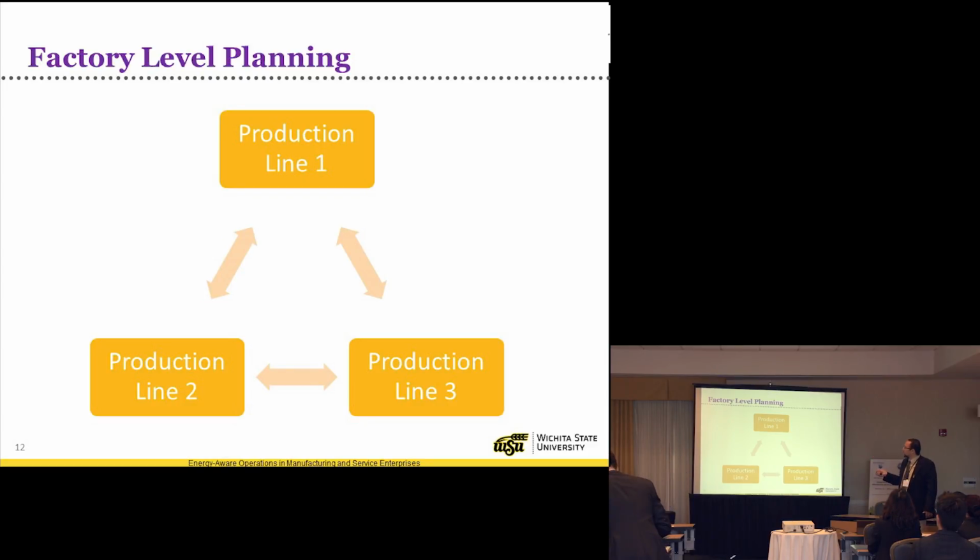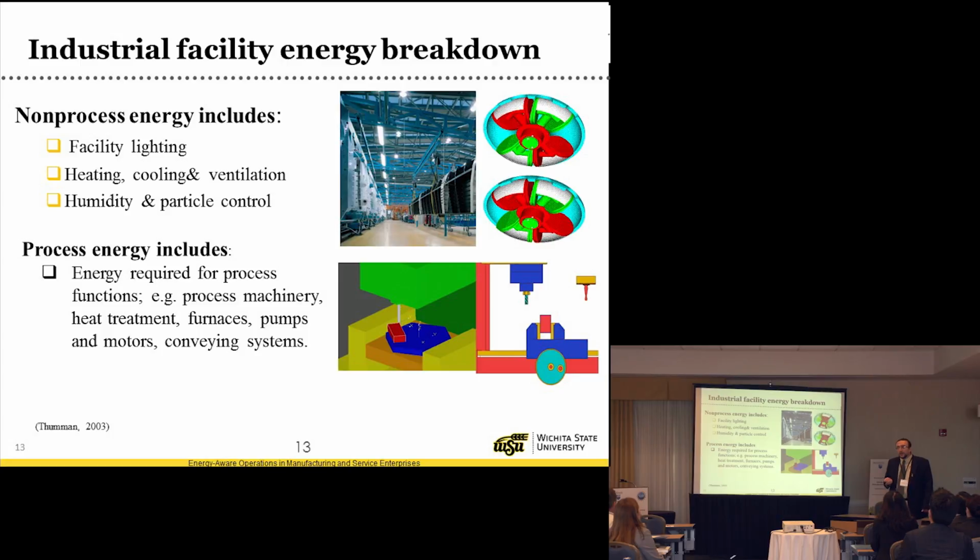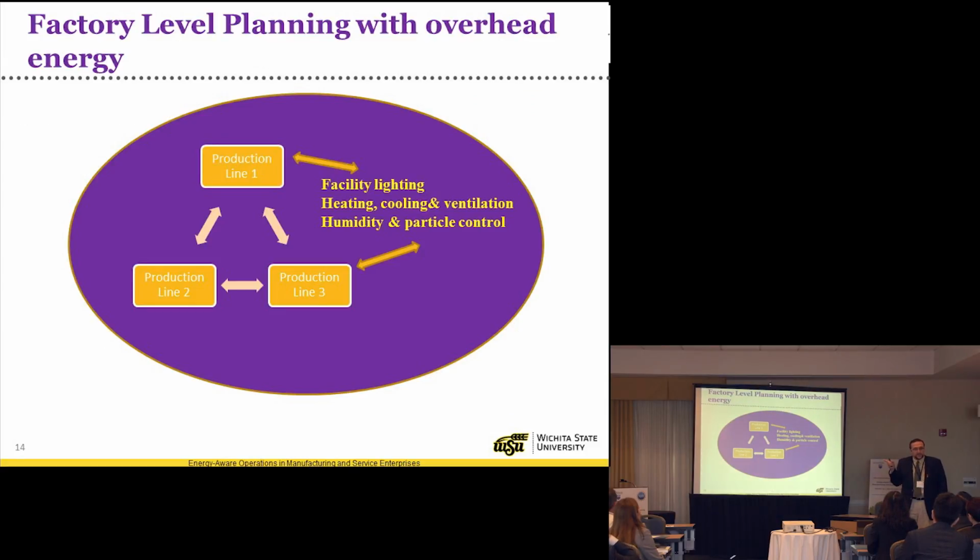So considering both objectives, how do you synchronize? How do you plan for multiple production lines that you have in a plant? Or how do you incorporate non-process energy like HVAC or lighting or heating, ventilation into this problem?